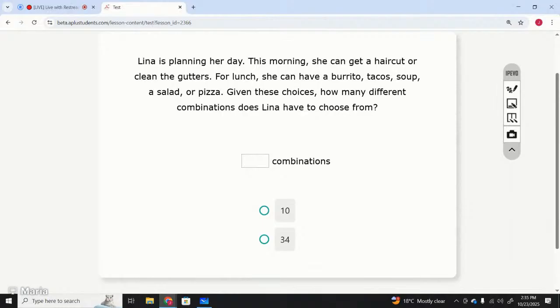Lina is planning her day. This morning, she can get a haircut or clean the gutters. For lunch, she can have a burrito, tacos, soup, a salad, or pizza.